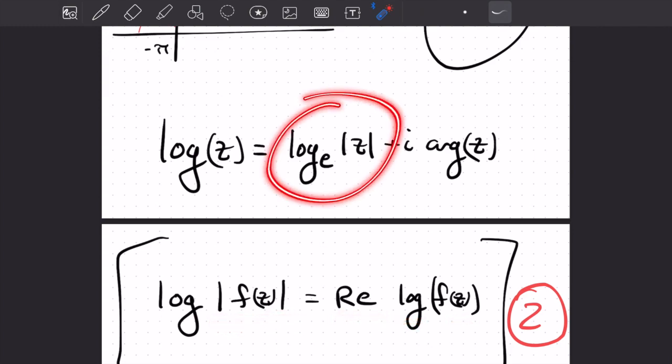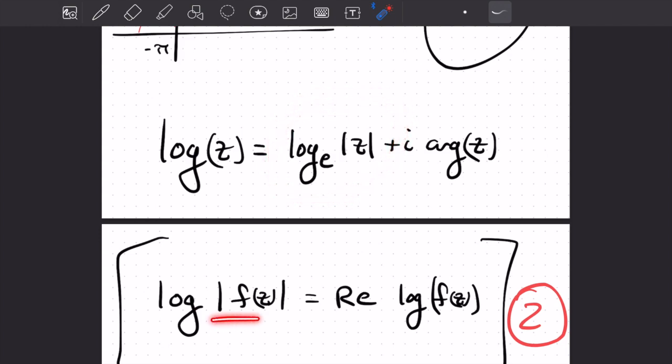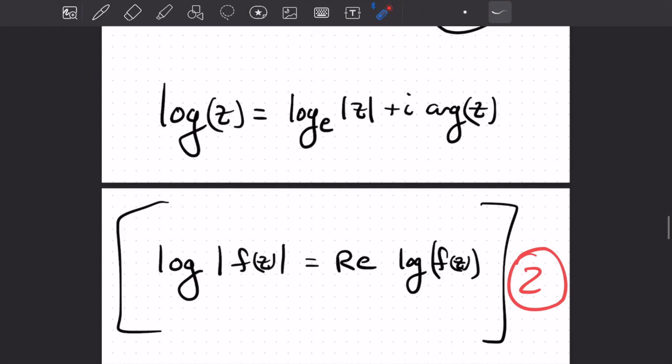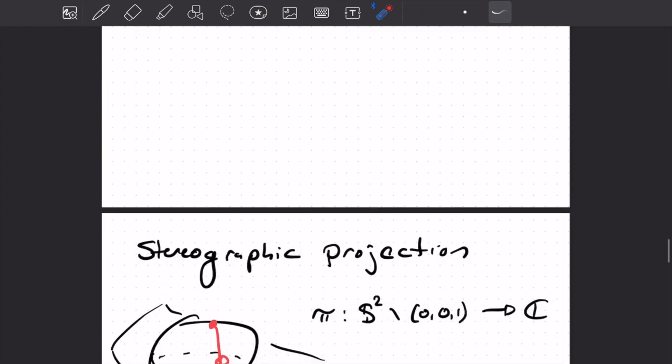So hopefully you can see that happening here. This is going to be a real number, and that's exactly coming from the definition of the complex logarithm. So this is fact 2. All right, so that ends our little tour of complex analysis.